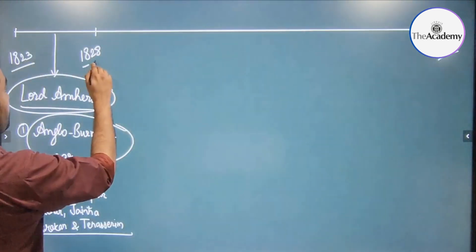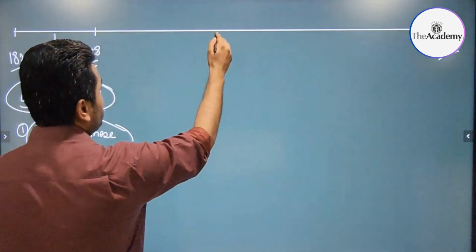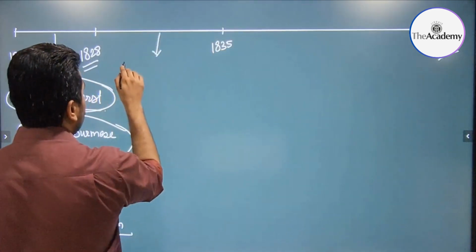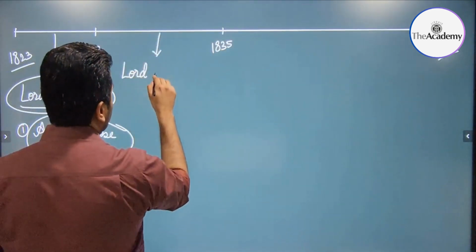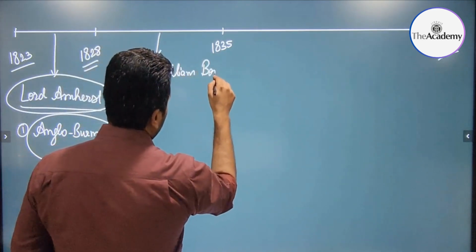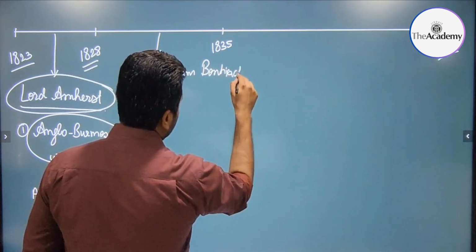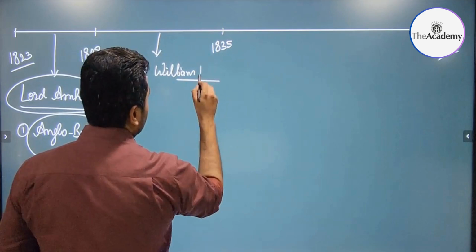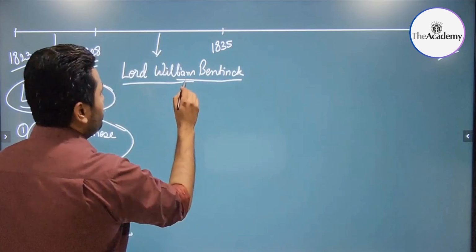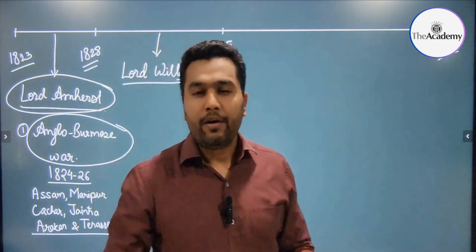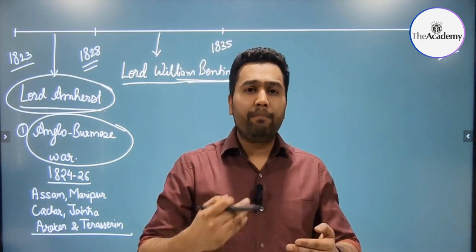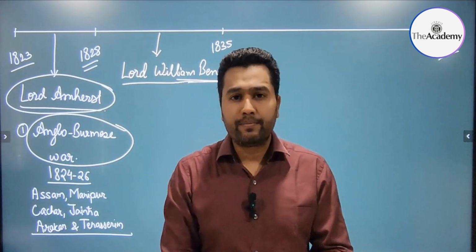In 1828, Lord Amherst was replaced by Lord William Bentinck, a very, very important Governor General. See, when we talk about Lord William Bentinck, he represented a new ideology, a new spirit as compared to his predecessors.